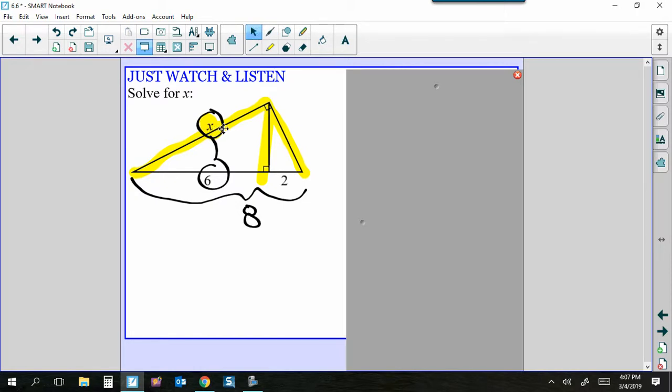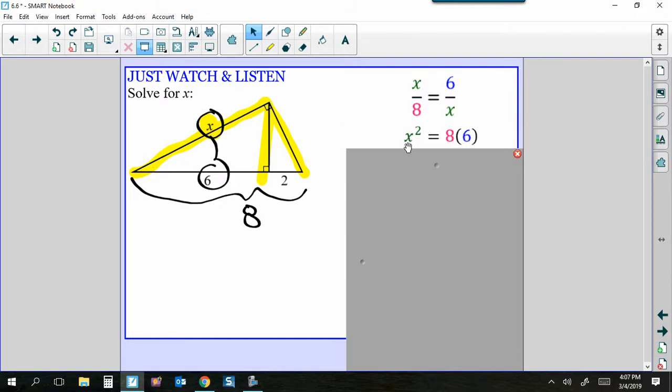X, the leg, is our geometric mean between the hypotenuse and the piece. So you're going to set this up as X written in our two places, and then our 6 and 8 in the other two. So X to 8 is the same as 6 to X. Or you can think of it as the geometric mean is the squared piece equal to 8 times 6.